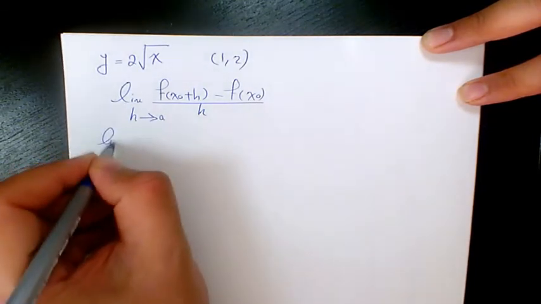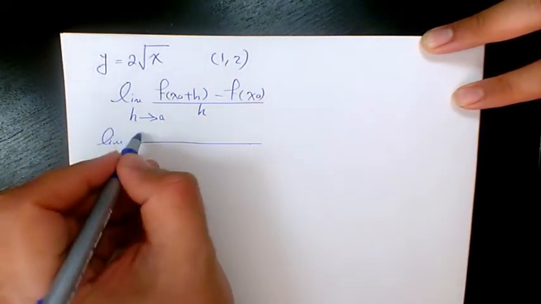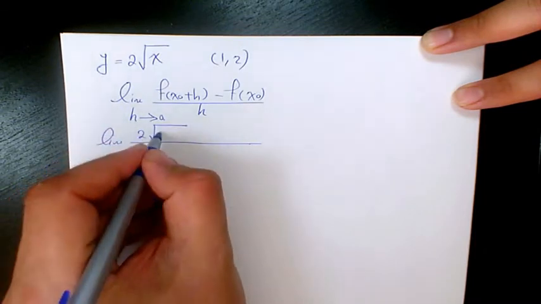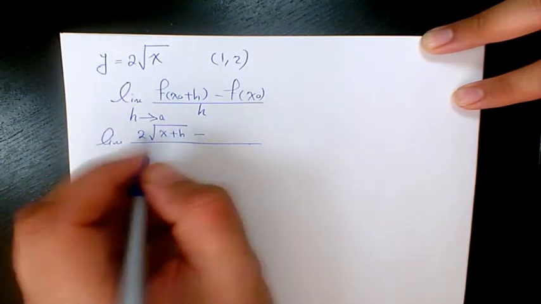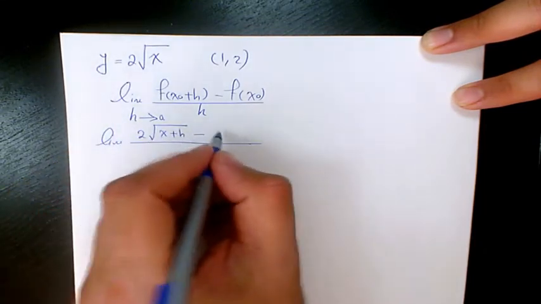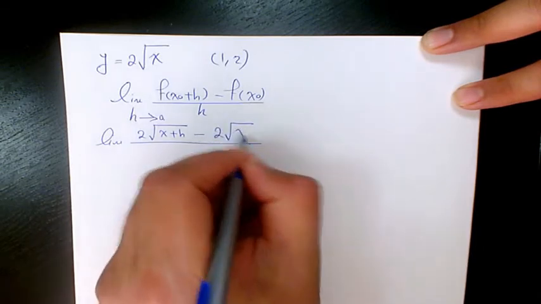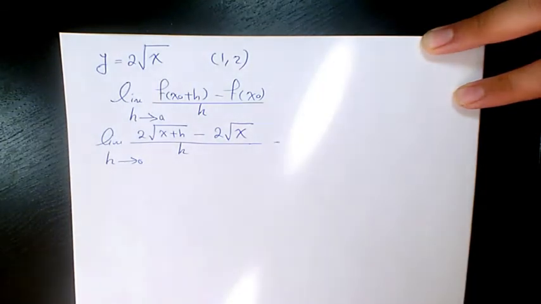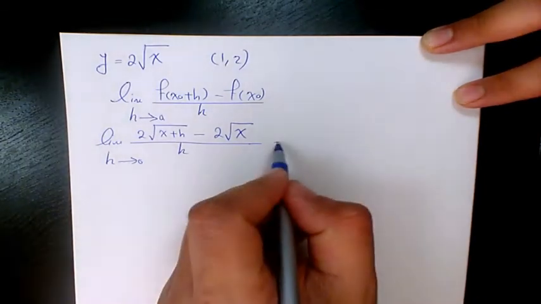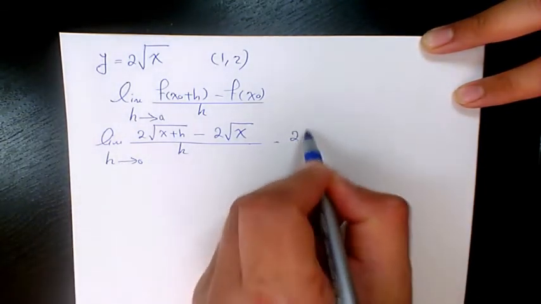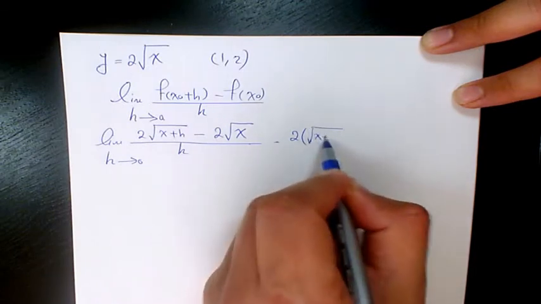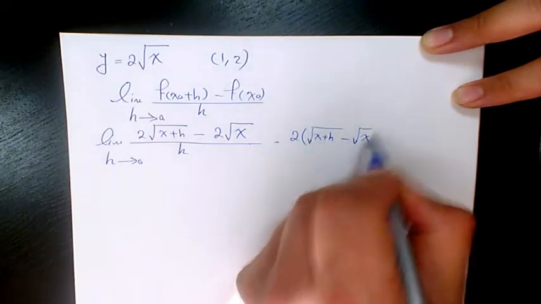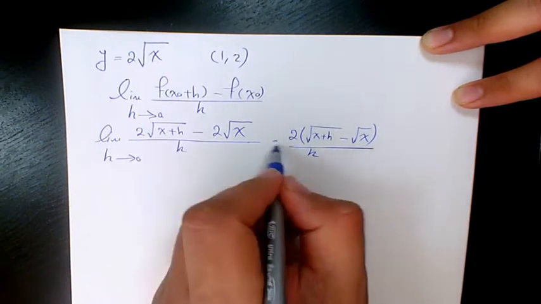So it is going to be 2 times root (x plus h) minus 2 root x, divided by h when h approaches 0. So you factor 2 out: 2 times (root (x plus h) minus root x) divided by h.